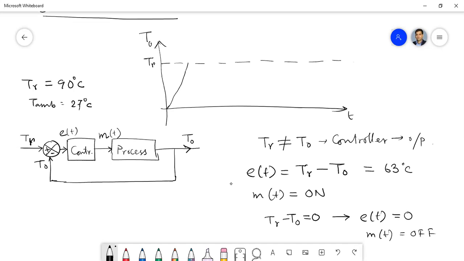So after that the temperature does not increase further. As your ambient temperature is already 27 degrees Celsius, by the natural process the process will cool down.